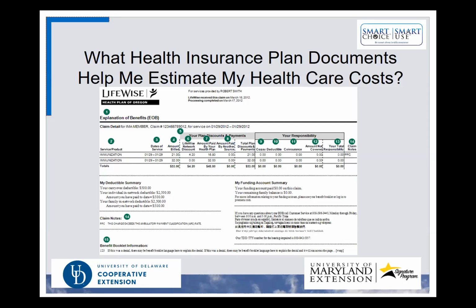And then you get the 9, 10, and 11, which is your copayment, your deductible and coinsurance. Then you can see there your total responsibility at 13. So if you look at this, you can use how you've used insurance to help you estimate your cost moving forward by using the explanation of benefits form.